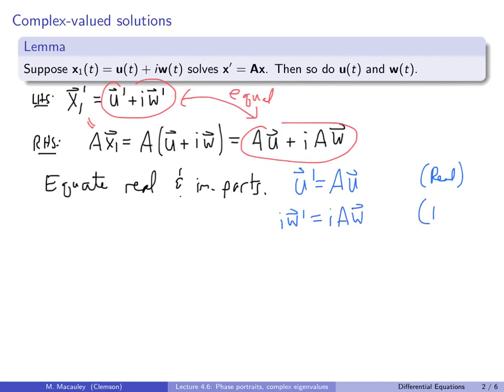So of course we can divide through by i, and conclude that w prime equals Aw. Thus u prime equals Au, and w prime equals Aw. That's exactly what we had to show, that u and w both solve this as well. Remember, this is going to be useful in the remainder of this lecture.